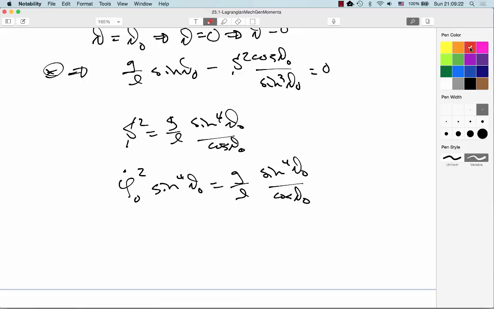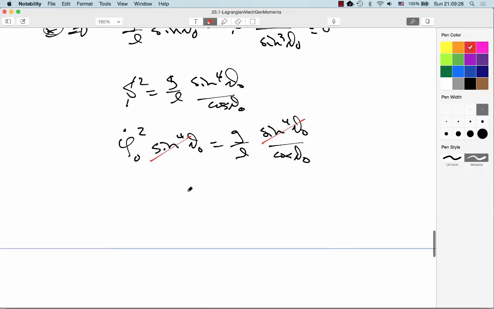Oh, thank God, not as ugly as we feared. All those sine to the 4 theta naughts go away. And we worked this out some time ago, but it's just comforting to see that we are left with g over L secant theta naught for our phi naught dot squared.